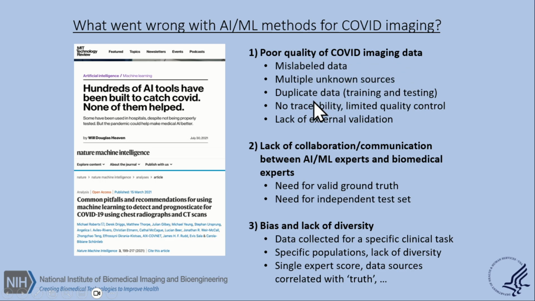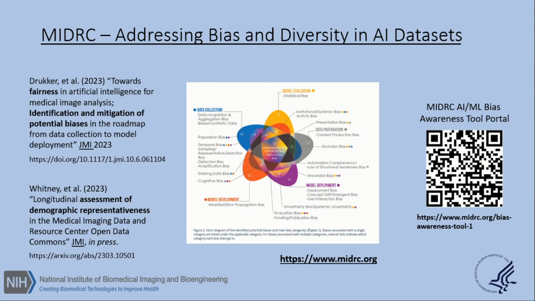There were multiple unknown sources. You always need to know, it's called provenance. You have to know where your images came from. There was duplicate data. There was no traceability. You couldn't go back and say, what year did the scan get done? And they lacked external validation. It was often only one person reading the image. And so there were many things that were wrong with it that we proactively kept out of MIDRC.